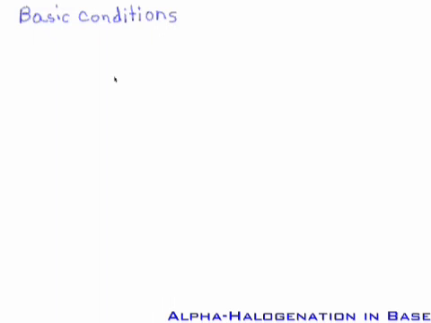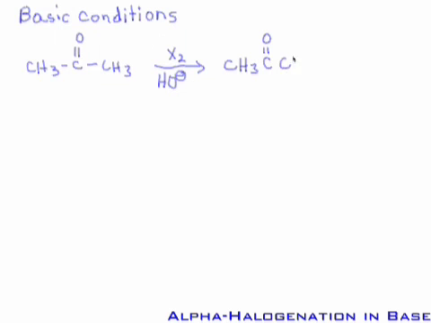Under basic conditions, we react acetone with halogen, X2. Halogen again can be chlorine, bromine, or iodine, in base. And we get CH3, C double bond O, CH2, X. And again, X equals Cl, Br, or I.